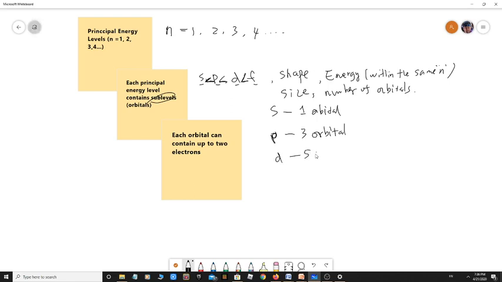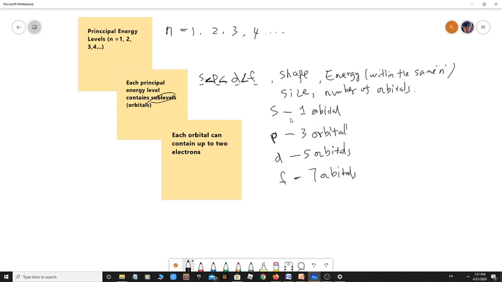There are 5 orbitals in the D sublevel, or D orbitals, and there are 7 orbitals in the F sublevel. So this is probably one of the most important things you want to know.